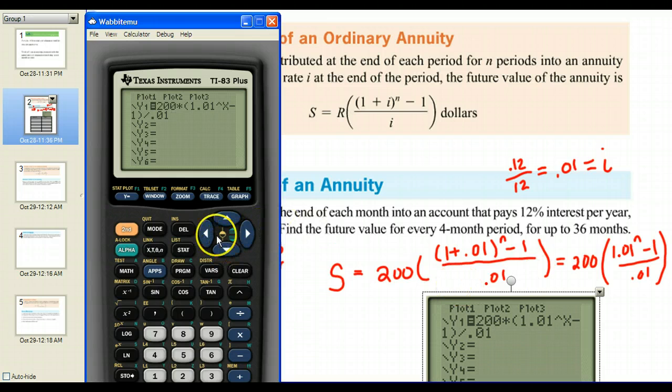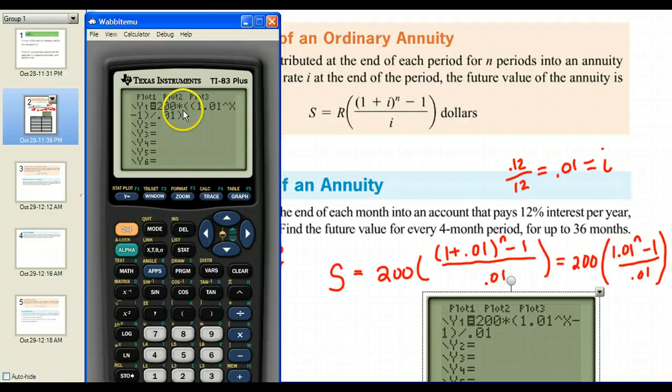If you wanted to, you could put a parentheses around the whole thing, but since there's just a single thing down there in the denominator, as long as I have the numerator where that minus sign is grouped in a parentheses, I don't need it. But again, if you're ever in doubt, remember, they're important. So if you're ever in doubt, put a parentheses around it. And now this looks just like this. The parentheses isn't showing up in the simplified version of the formula because it's in the numerator, but I had to put it in here for my calculator.